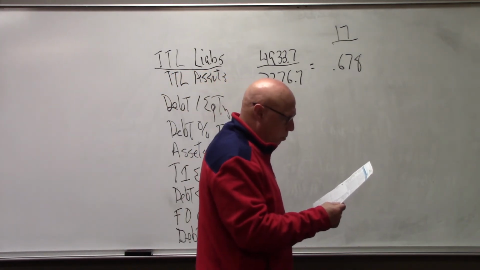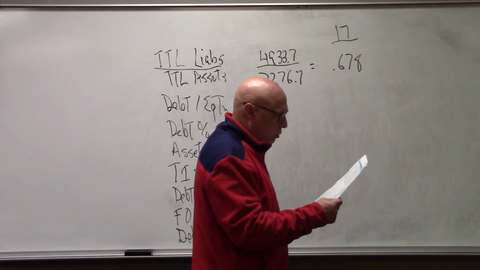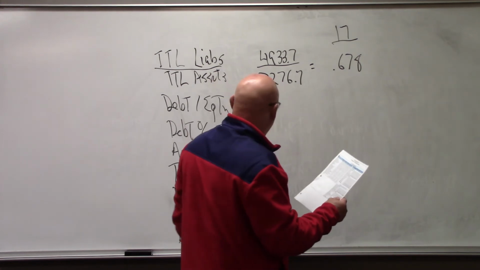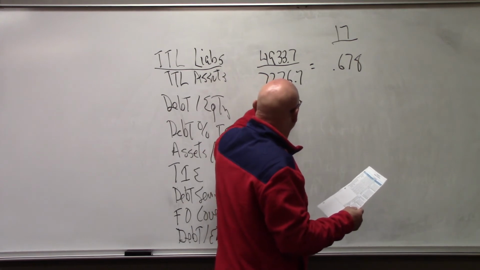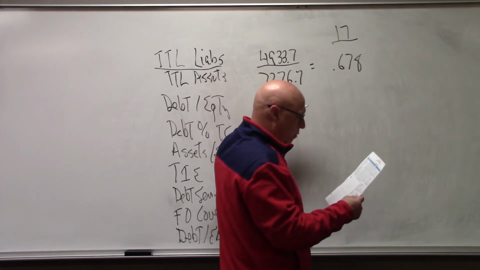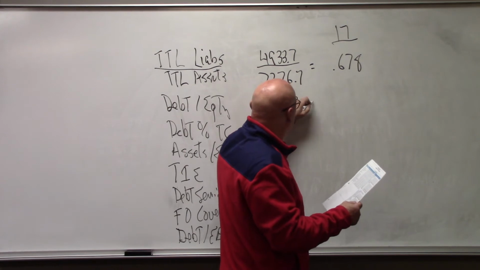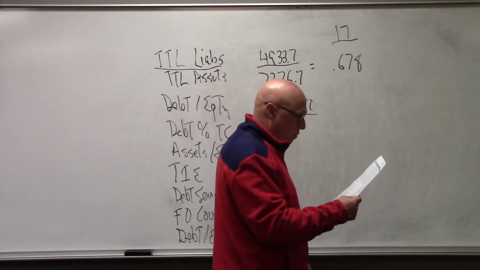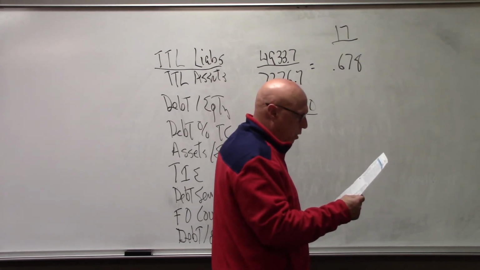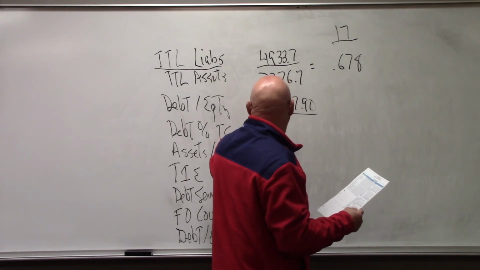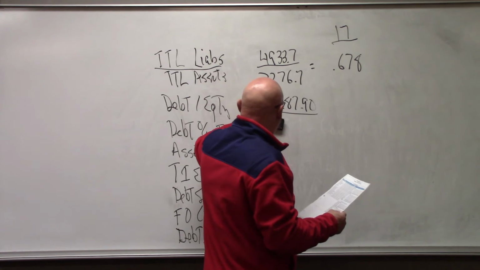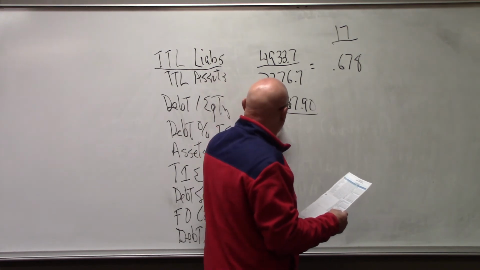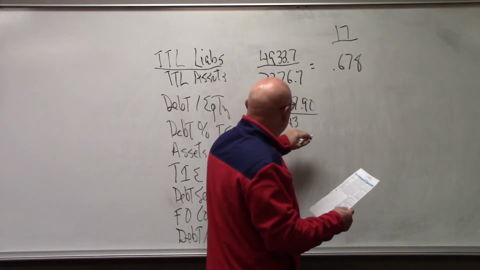So that's going to be total non-current liabilities, 2487.9, divided by total equity, 2343.